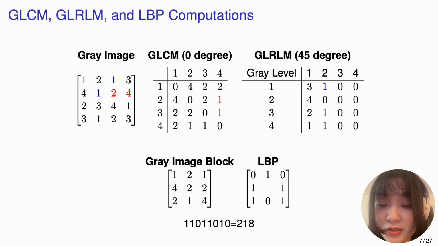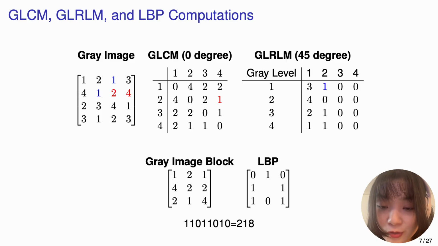For the local binary pattern, for example, we have a small 3 by 3 gray image block, and the central intensity is 2. Then we set all the neighbors which have intensity greater than or equal to the central pixel to 1, and the others to 0. Then we get the local binary pattern.